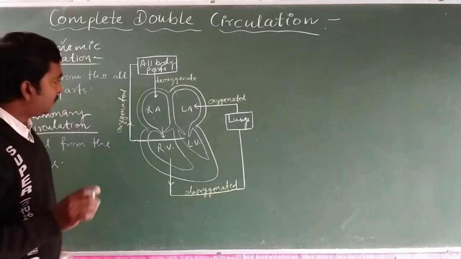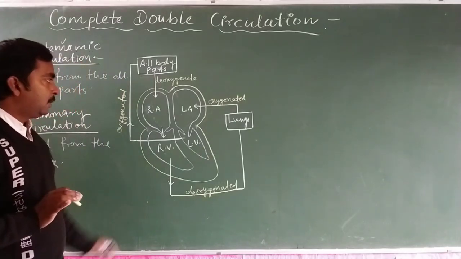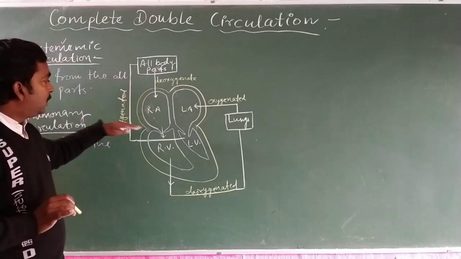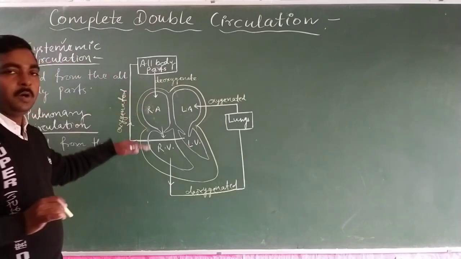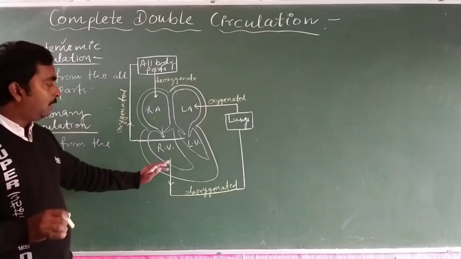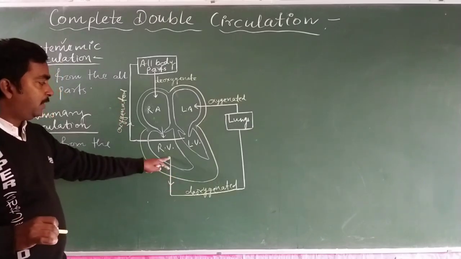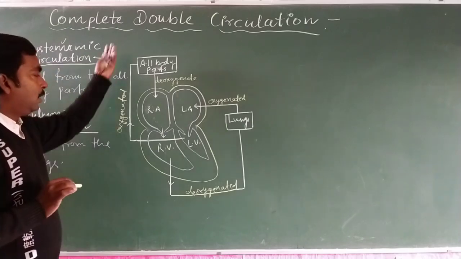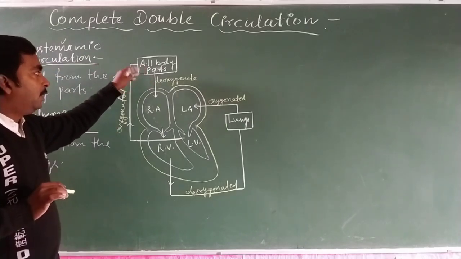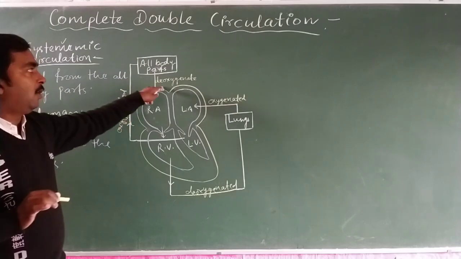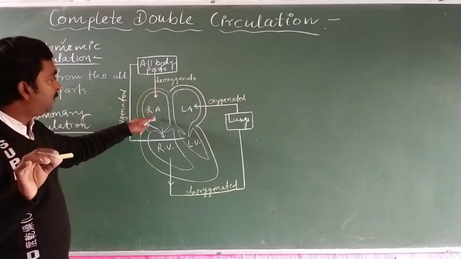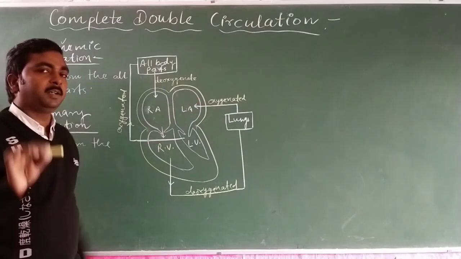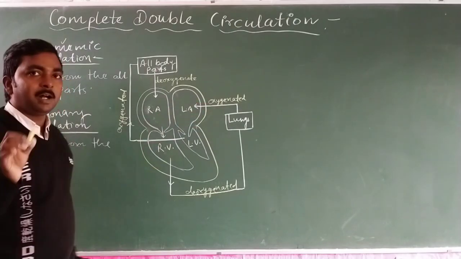One of the differences is that in systemic circulation the oxygenated blood goes away from the heart, while in pulmonary circulation the deoxygenated blood goes away from the heart. On the other hand, in systemic circulation deoxygenated blood is received by the heart, while in pulmonary circulation oxygenated blood is received by the heart.